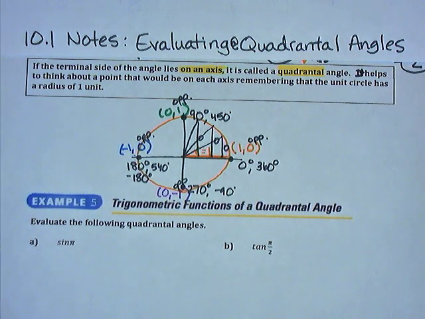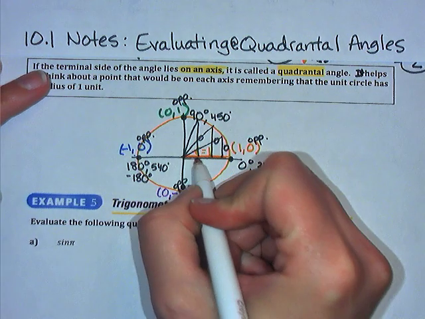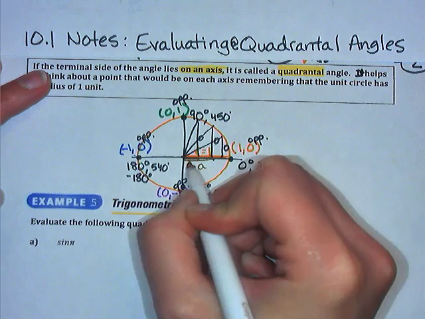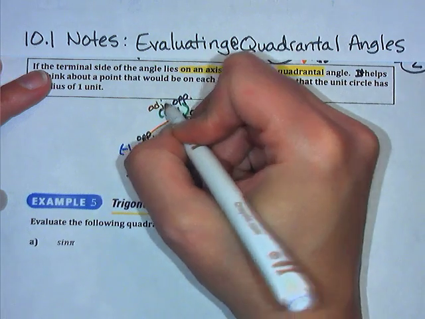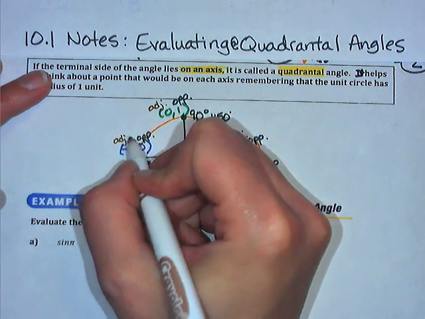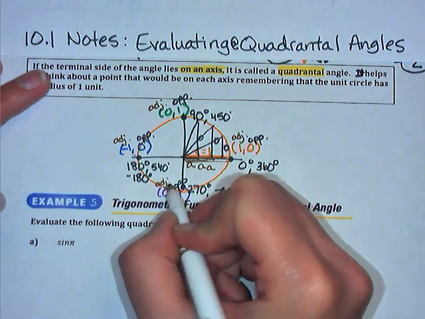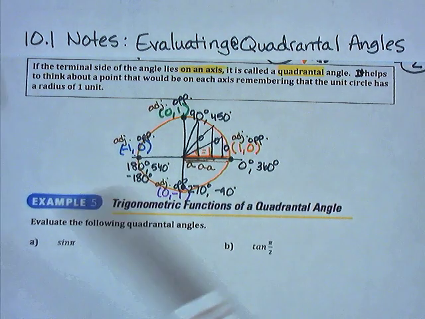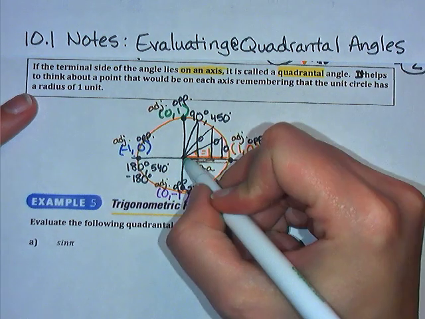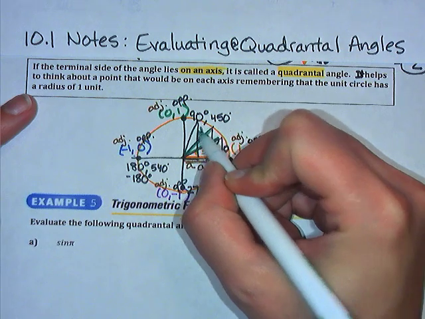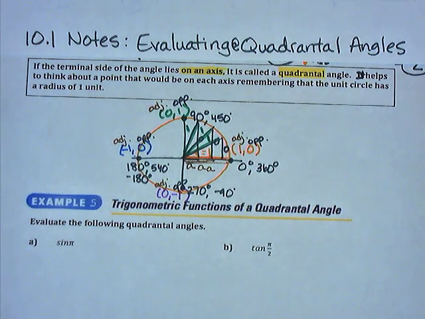And your hypotenuse is just the radius of the circle. So your hypotenuse is 1, always 1.